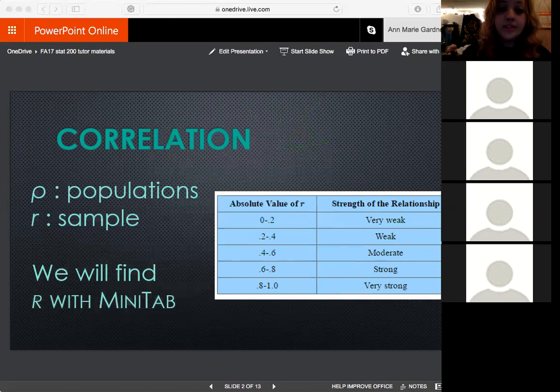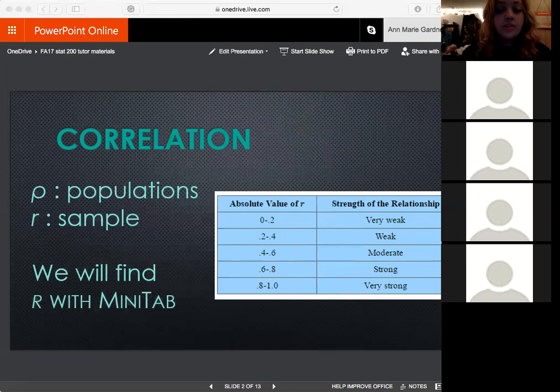Correlation is always between 0 and 1. Keep that in mind. Technically, I don't like to say -1 and 1, because then it makes you think there's a value to it, but there's not necessarily a value for correlation. It's your strength and your direction. Remember when we did scatter plots, it's very similar.